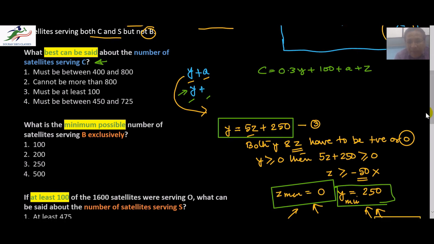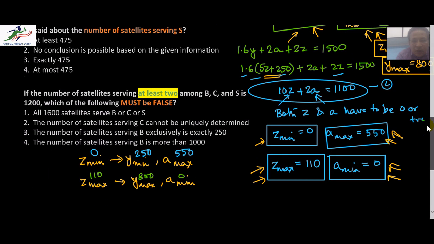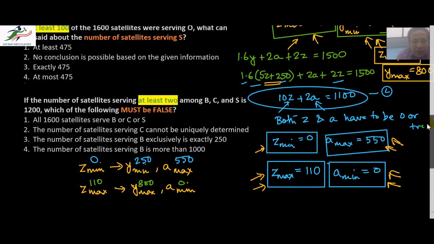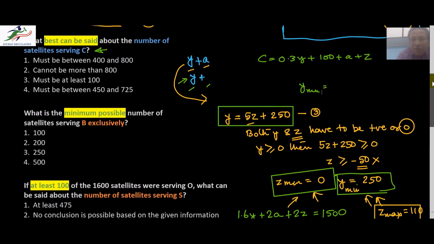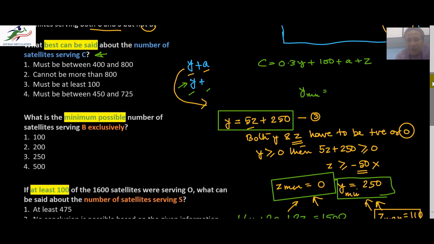So Y minimum is equal to 250, A is 550, Z is 0.